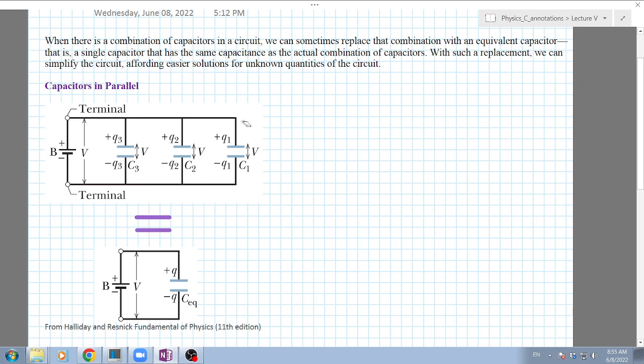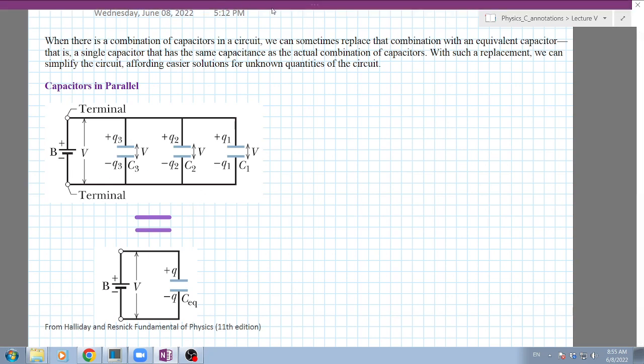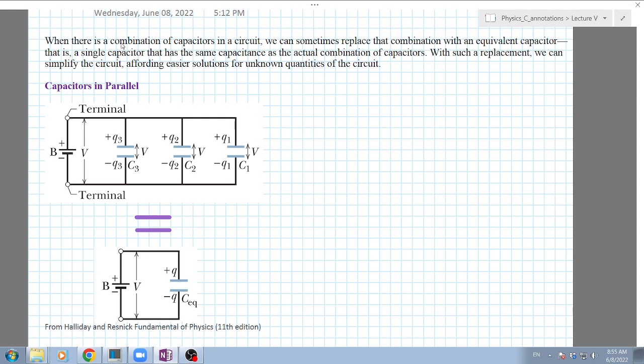This is a particular characteristic of a circuit when you have elements in parallel.